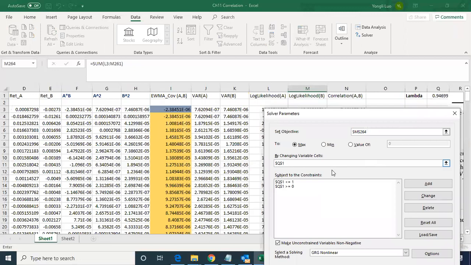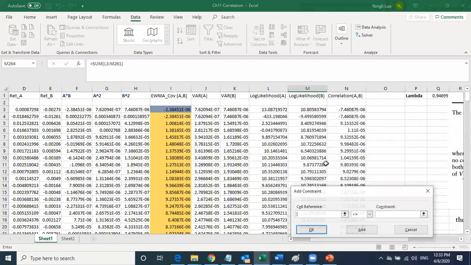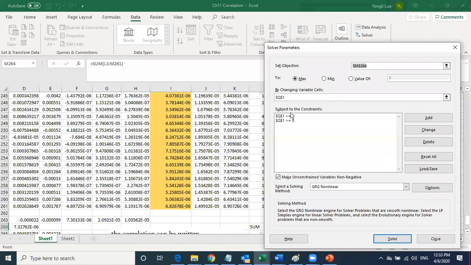So we change lambda, subject to this lambda being less than or equal to 1, but greater than or equal to 0, right? So you add this constraint, and then you click Solve. It will give you the value of lambda.